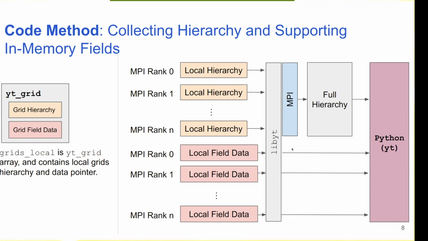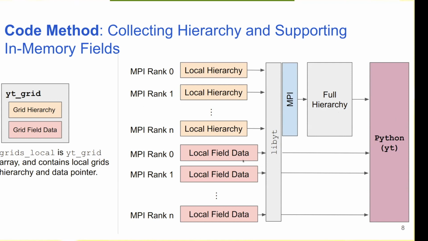Libyt will gather these local hierarchies from different MPI ranks, combine them into the full hierarchy and load it into Python, so that each rank will contain the full hierarchy.